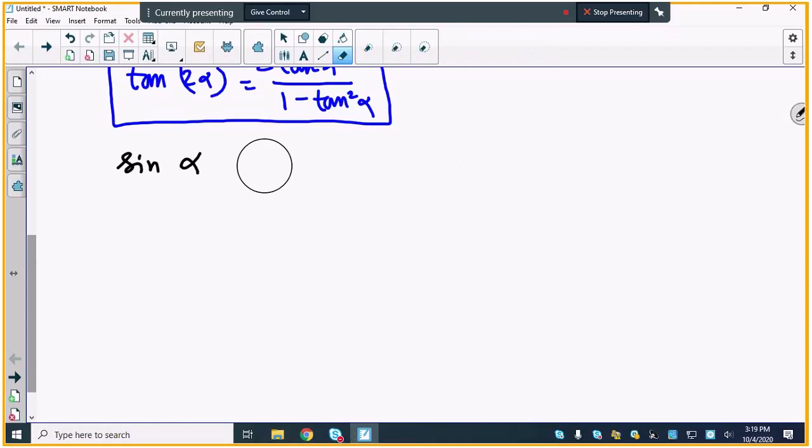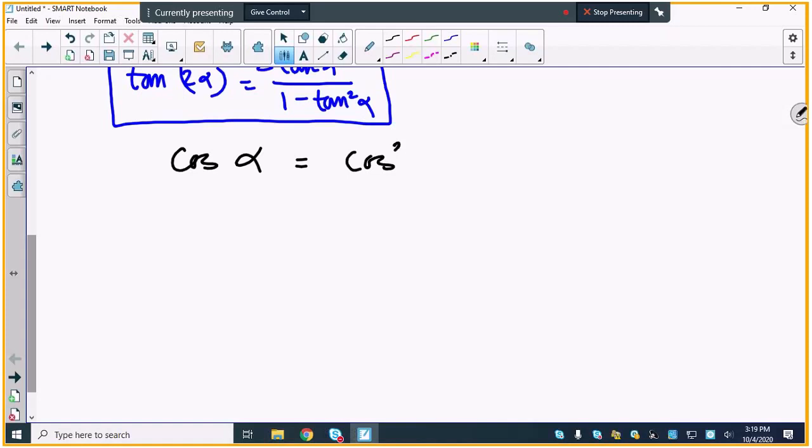We will start with, as we have talked about, the double angle formula for cosine. So cosine of 2 alpha, but instead I will write cosine of alpha, and that's going to be cosine square. Instead of alpha, I have to have half of that, so cosine square alpha over 2 minus sine square alpha over 2. So first, we're going to generate the half angle formula for sine.